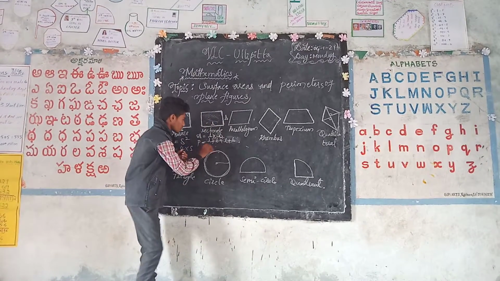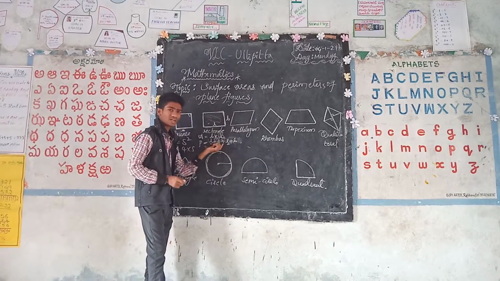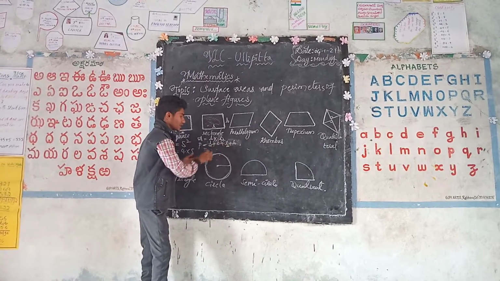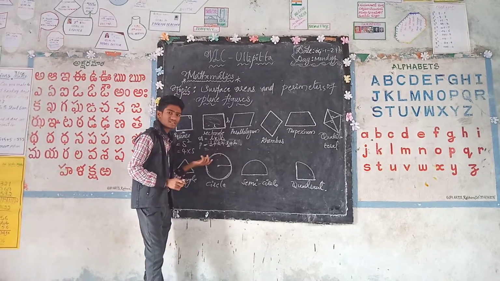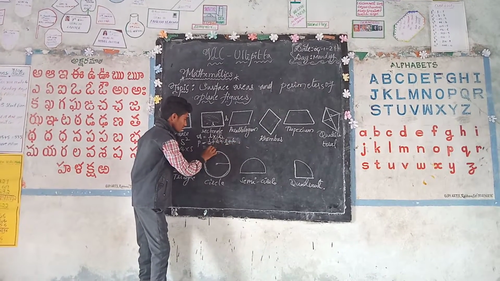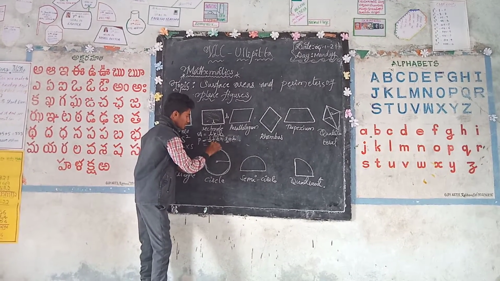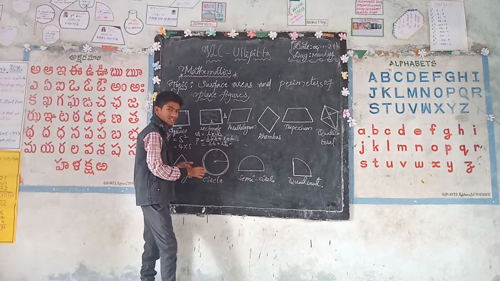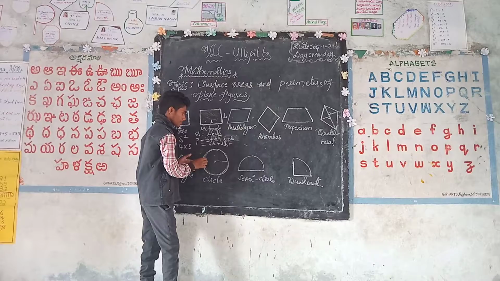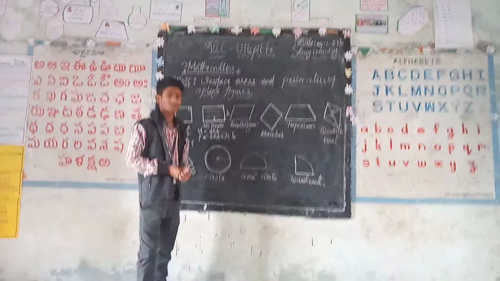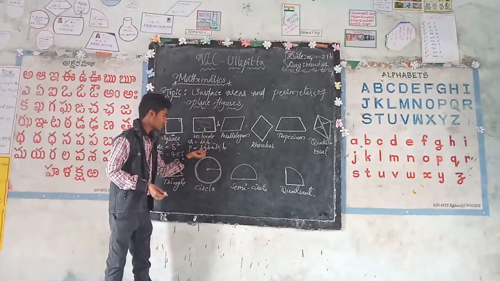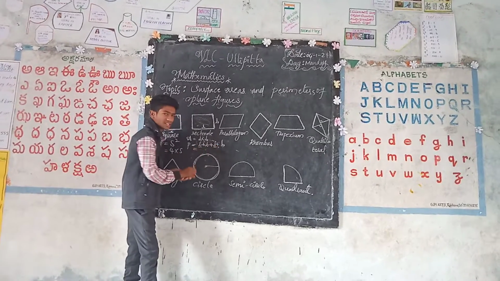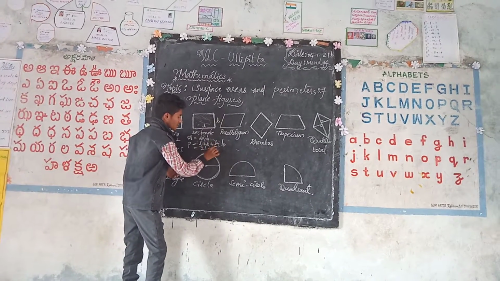So here L and L are common, and B and B. Two Ls and two Bs are there in this expression. Here all the sides we have written: L plus B plus L plus B. So how many L's are there? 2L. So 2L plus 2B.